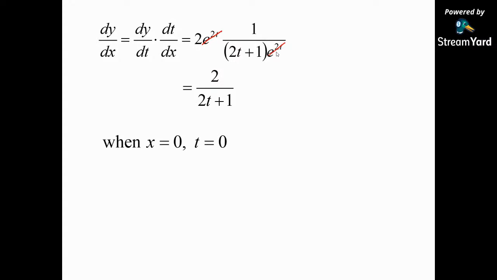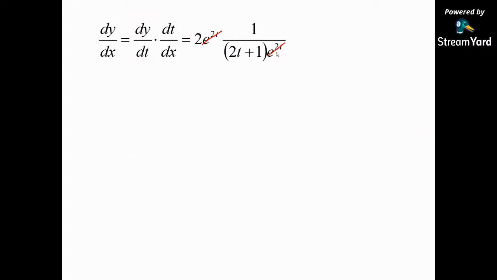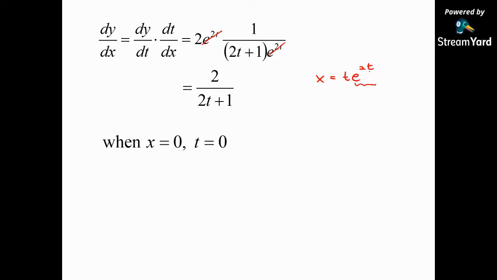Okay, so basically when x is equal to 0, t is also equal to 0. Before this, we have e to t as the x. Okay, x is equal to e to t. But this term, you know, right? If you have e to the power of something, this one is definitely cannot be equal to 0.